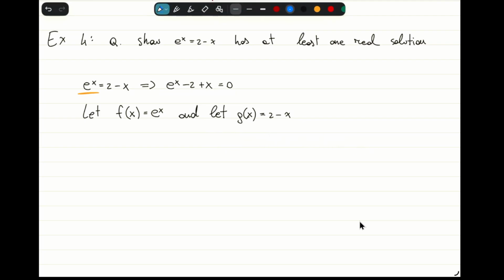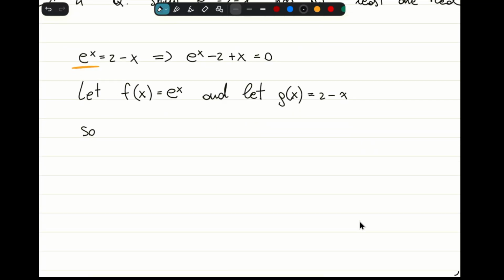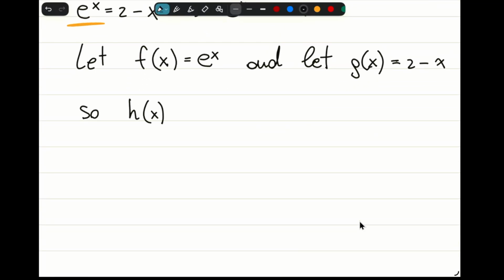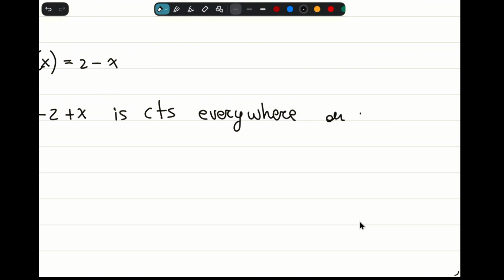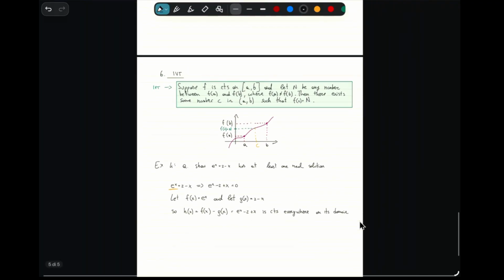So this means we have h of x, which equals f of x minus g of x, equals e to the x minus 2 plus x, is continuous everywhere on its domain. Okay, and this is good. Why? Because we need a function that is continuous. This is the first point.